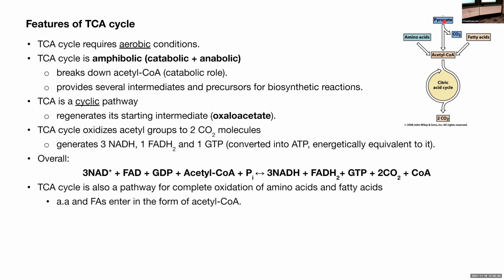So not only does it take the pyruvate that came from glycolysis, it can take the amino acids or fatty acids and make them into acetyl-CoA, as long as they contain an acetyl group, which is the CH3CO group. Then it can provide that acetyl group to coenzyme A for feeding into this TCA cycle.